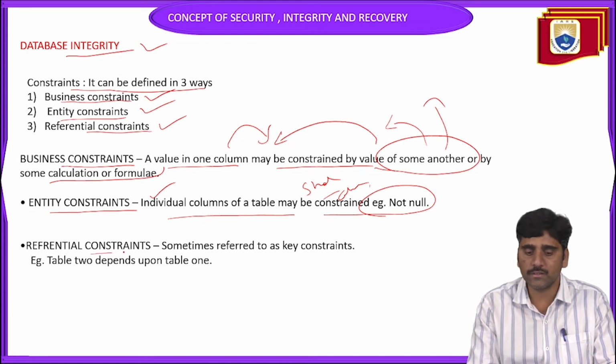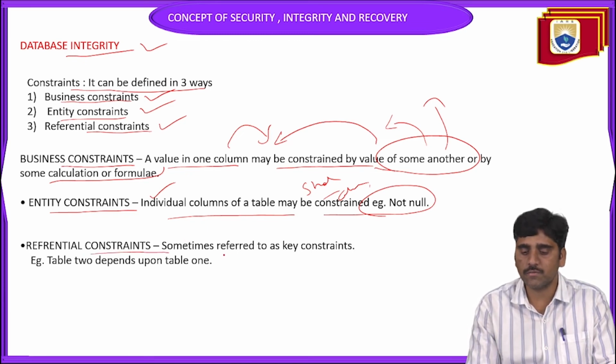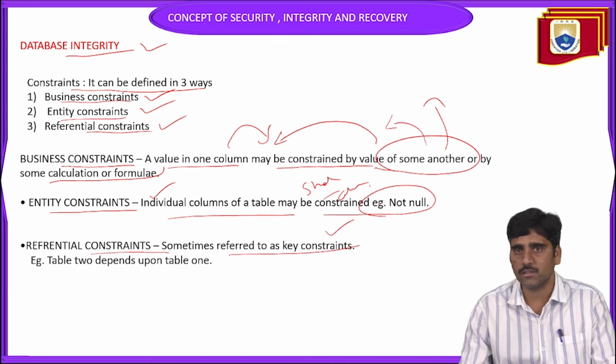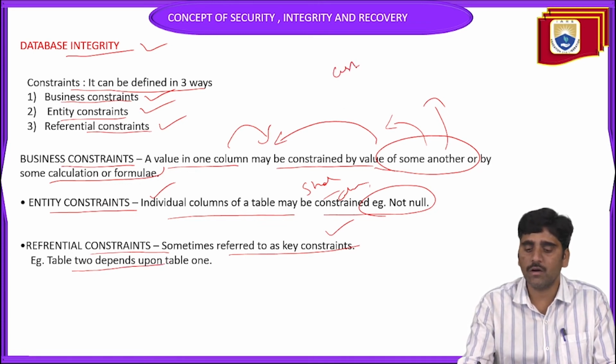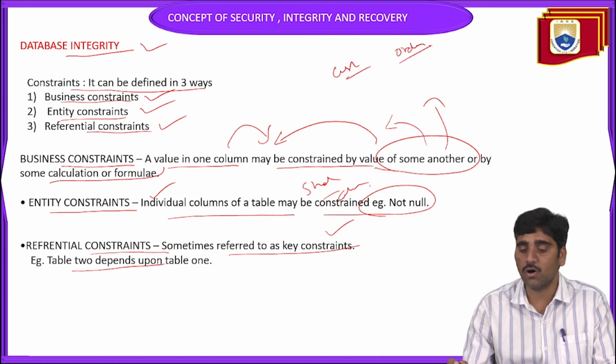The third one is referential constraints, sometimes referred to as key constraints. Primary key or foreign key constraints can have referential constraints. For example, table 2 depends upon table 1: say the customer table and the order table.